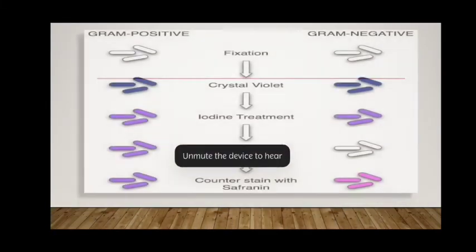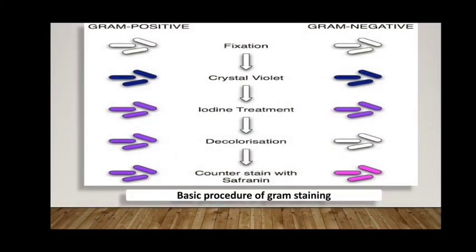This is the diagram of the gram staining procedure. Here we can see both the cells, positive and negative, at first not stained, and then crystal violet, which is the primary stain, is added. Next, we add iodine to create the crystal violet-iodine complex.